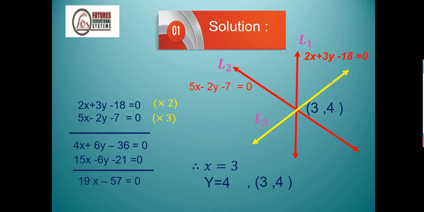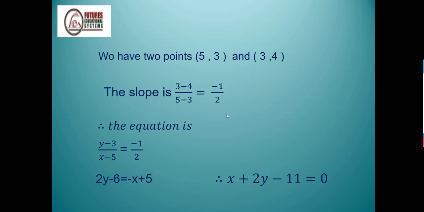To solve for the equation of the yellow straight line L3, now we have 2 points lying on this straight line, the point of intersection and the given point. Try to find the slope from the difference between the 2 points.